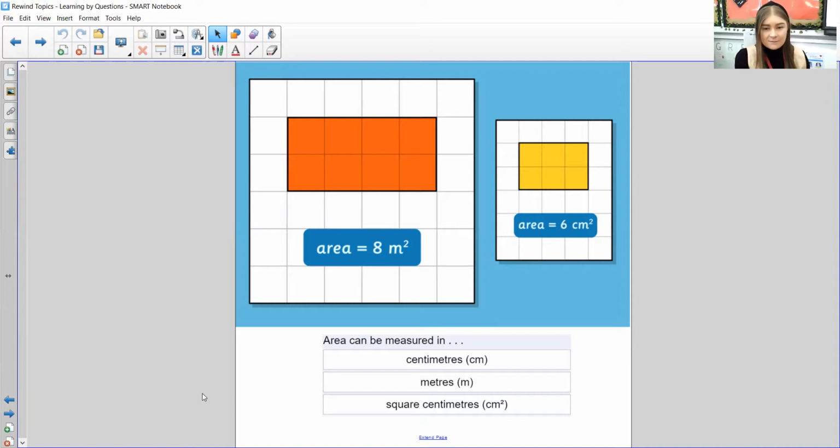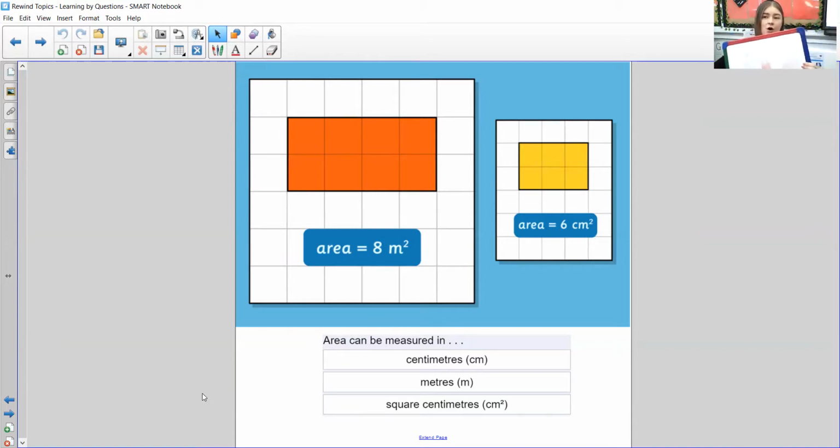So area can be measured in. Now, it's not measured in centimetres or metres. That would be around the edge, okay? It's measured in centimetres squared or metres squared or millimetres squared, whatever unit you're using. It's got to be squared because it's not 2 metres as a single distance.